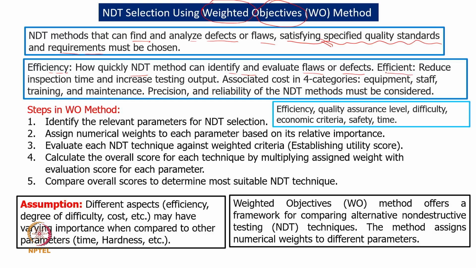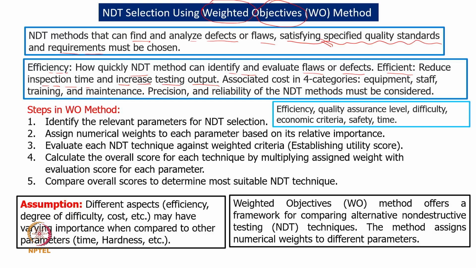Sometimes people say an efficient method means it reduces inspection time, the inspection time is lesser and the output is very high. That means it gives a good output, maybe almost all kinds of faults, and then people say it is the efficient method.